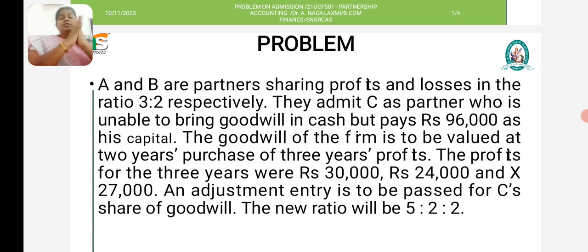So the case is dealing with an admission. Before admission, there were two partners, A and B. They were sharing the profits and losses in the ratio 3:2. Now, with the consent of both, they are admitting C as a new partner.